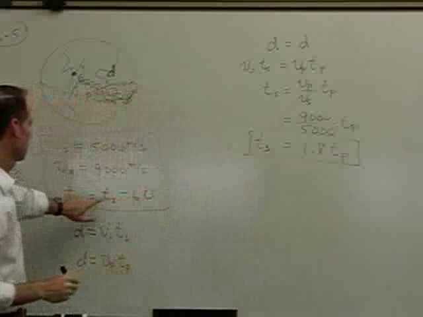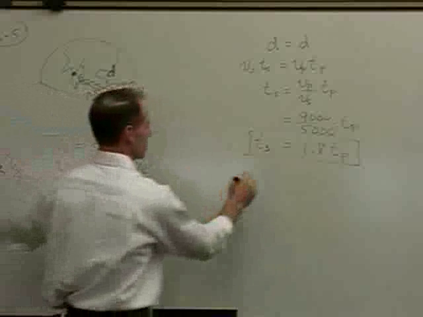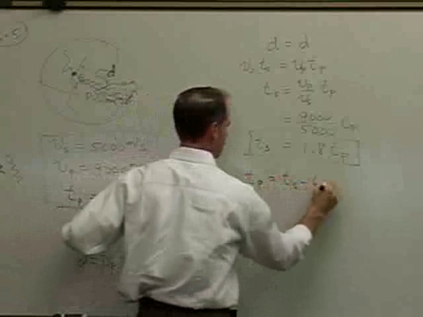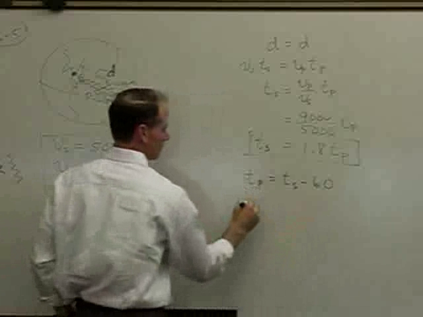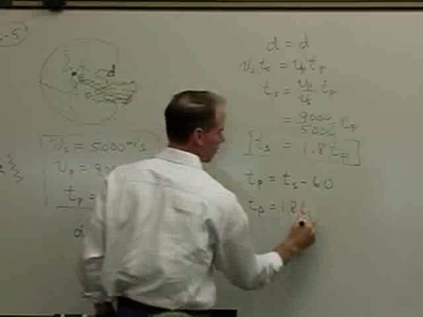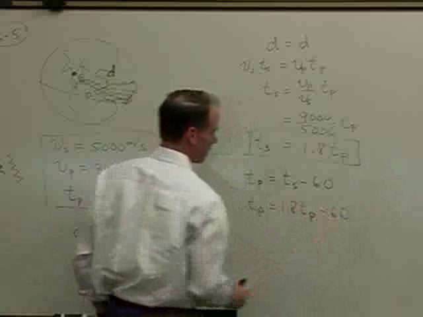I'm going to plug that into this. The time for the P wave equals the time for the S wave minus 60. So the time for the P wave equals 1.8 times the time for the P wave, minus 60.